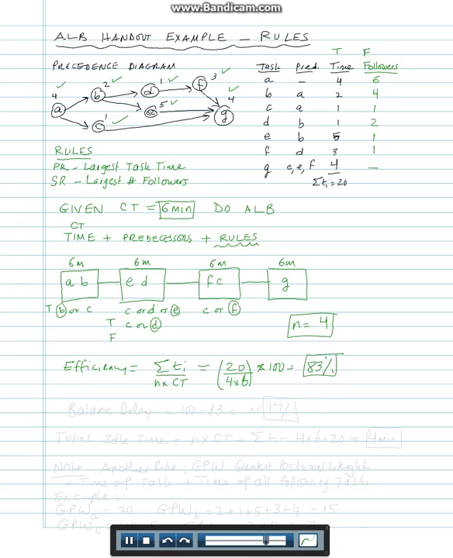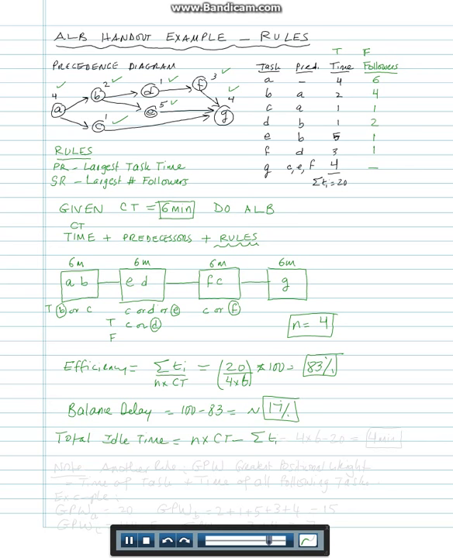And then we have the balance delay, or total percent idle time, of 100 minus 83, so that's approximately 17%. And then total idle time is equal to N times CT minus the sum of ti.